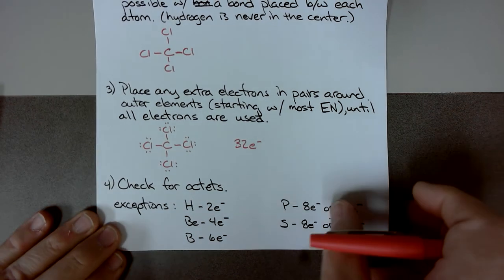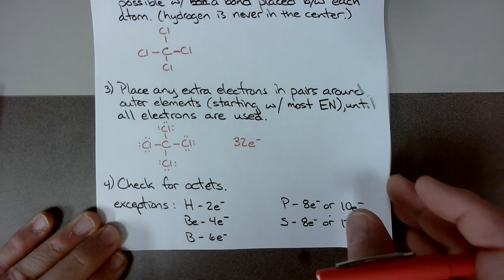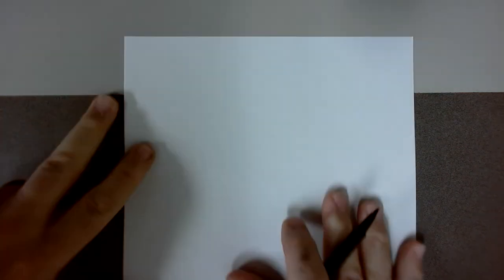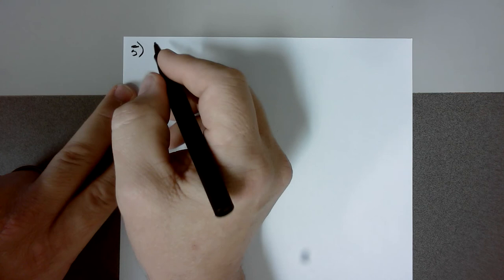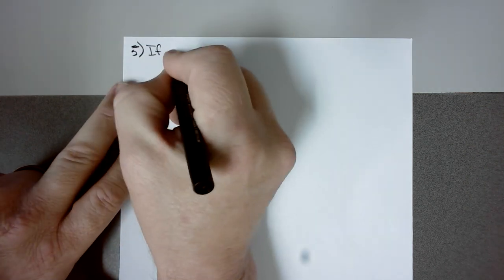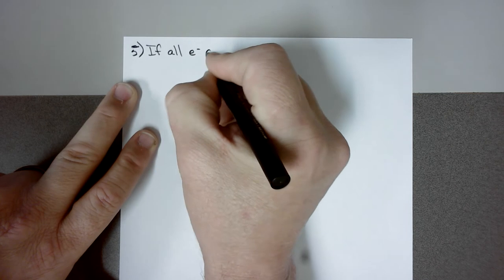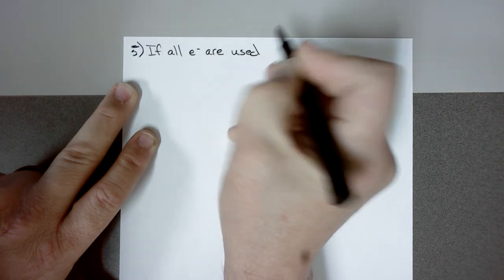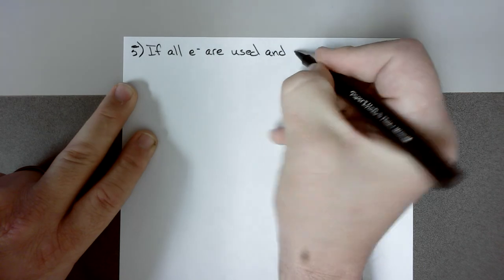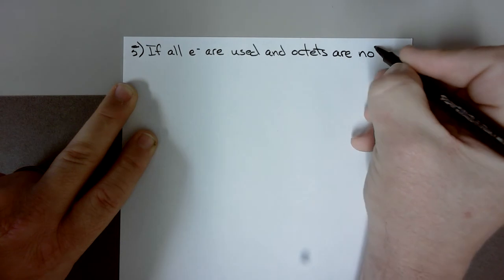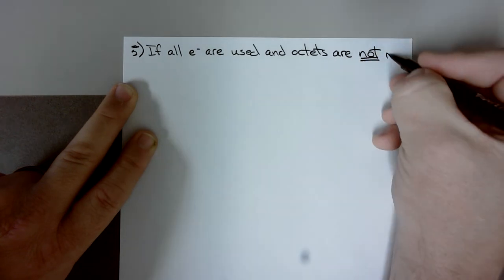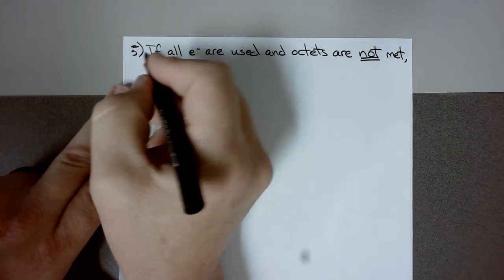Now, what happens if you run into a problem where you don't have an octet? So that's step number 5. With step number 5, if all electrons are used and octets are not met, then I have a little saying.